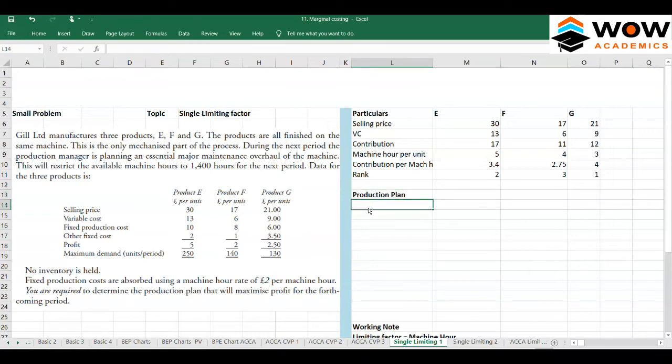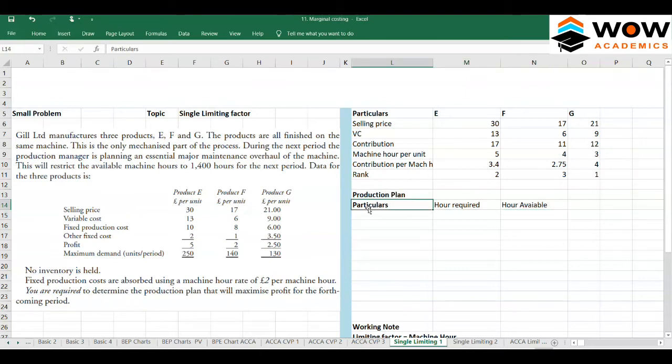For the production plan, we need to decide how many units we have to produce. First we have to produce G, then E, then F. So we can put it like this. First we take particulars, then hours required, then hours available.